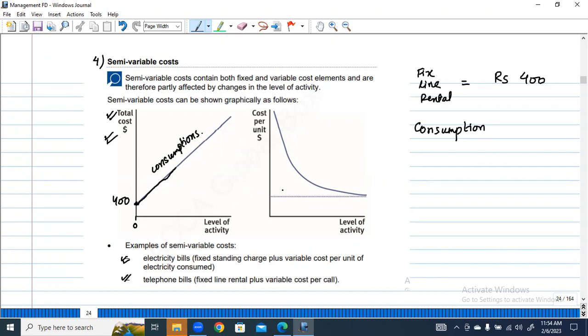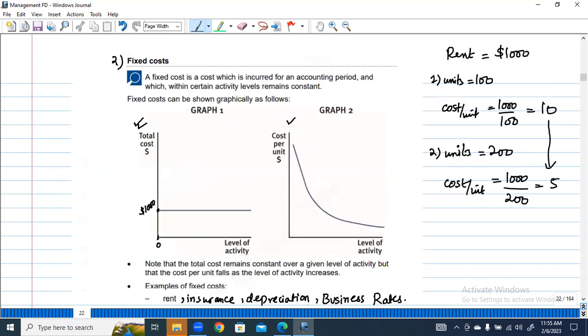The semi-variable cost per unit graph looks like this. The curved downward shape is representing the fixed cost per unit element. And the straight dotted line is representing the variable cost per unit element. When we studied fixed cost and variable cost, we talked about it.